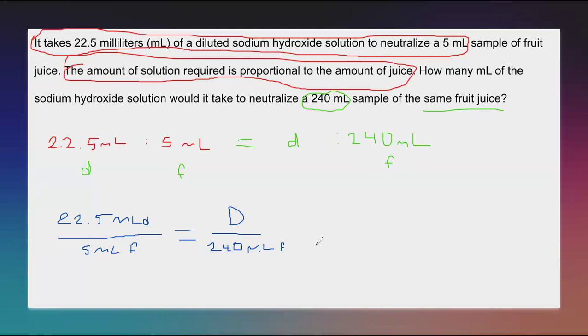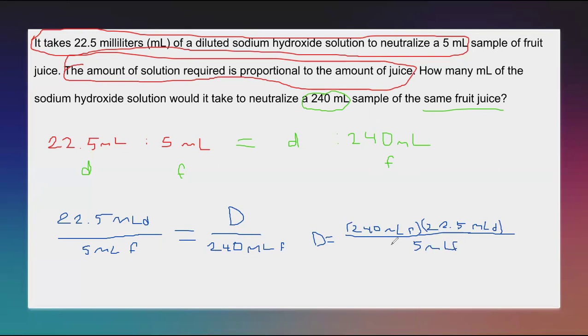And so now all we have to do is multiply both sides by that 240 milliliters of fruit juice. And we'll get D is equal to 240 milliliters of fruit juice times 22.5 milliliters of that diluted solution divided by 5 milliliters of fruit juice. And go ahead and look at the units.